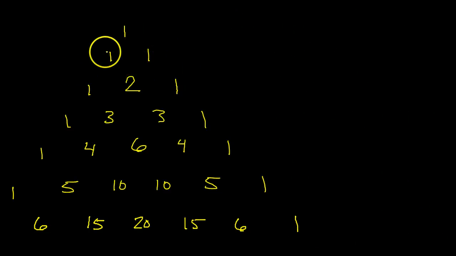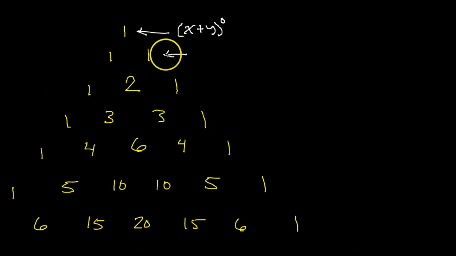Well, it turns out that each row of Pascal's triangle gives the coefficients of a binomial if you expanded it. So, for example, this first row is the coefficient that you would get if you took a binomial and raised it to the 0 power. Of course, anything to the 0 power is 1, so that makes total sense.